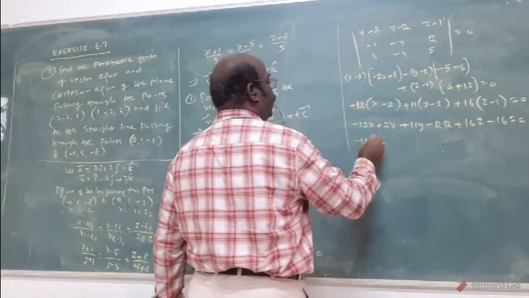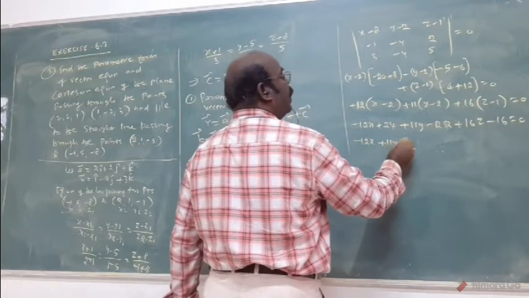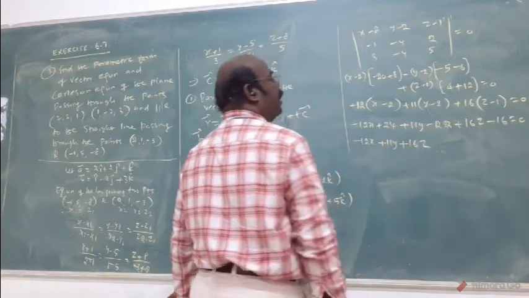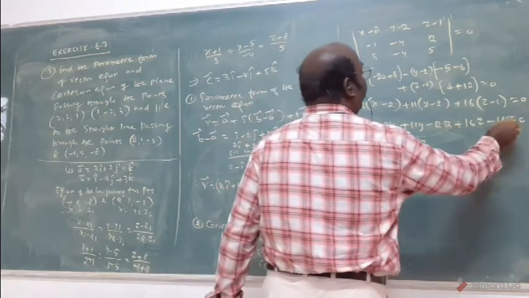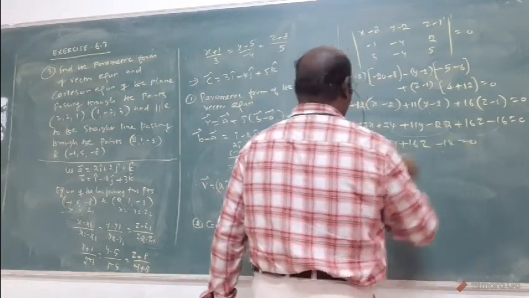Now write in order: minus 4x plus 11y plus 16z. Adding the numbers: minus 22 minus 16 is minus 14.